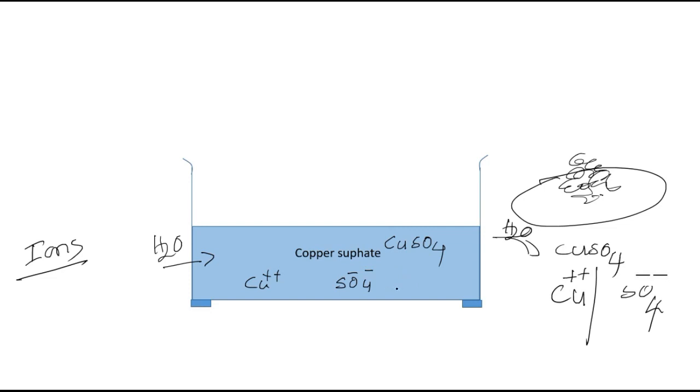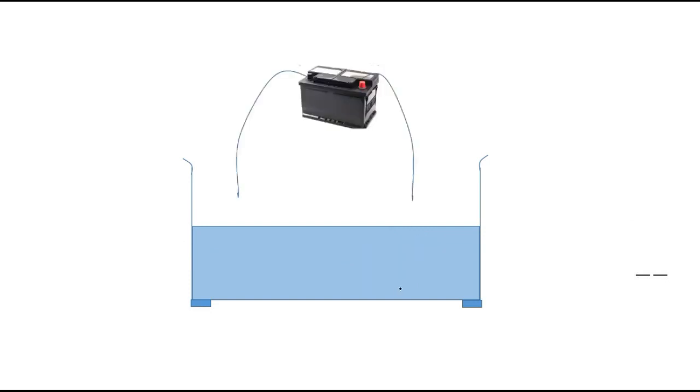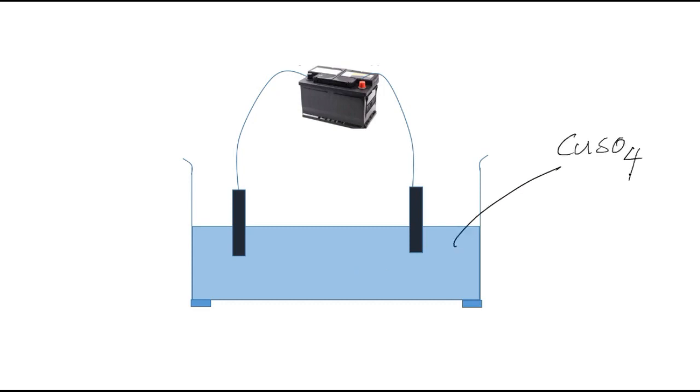Now at this moment, if you take a battery and put these terminals into a copper sulphate solution, what is going to happen then? You know that this is copper sulphate and a bit of water is added into it, which makes copper sulphate break into copper and sulphate ions.